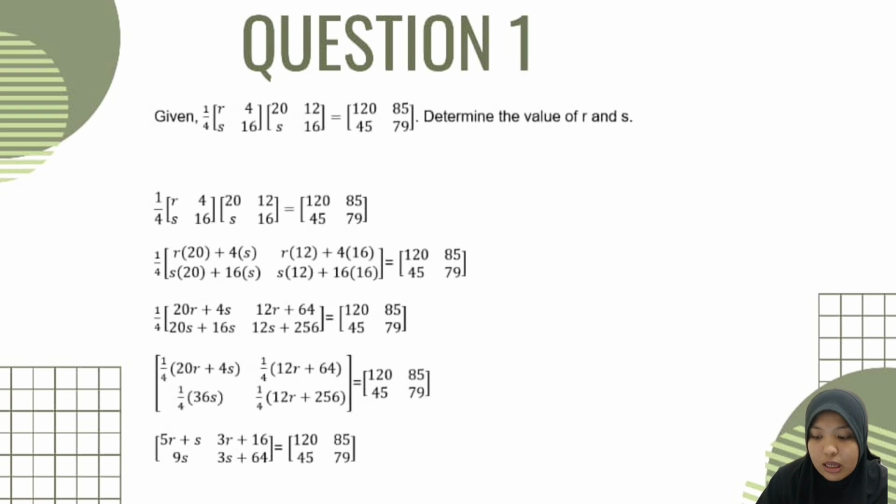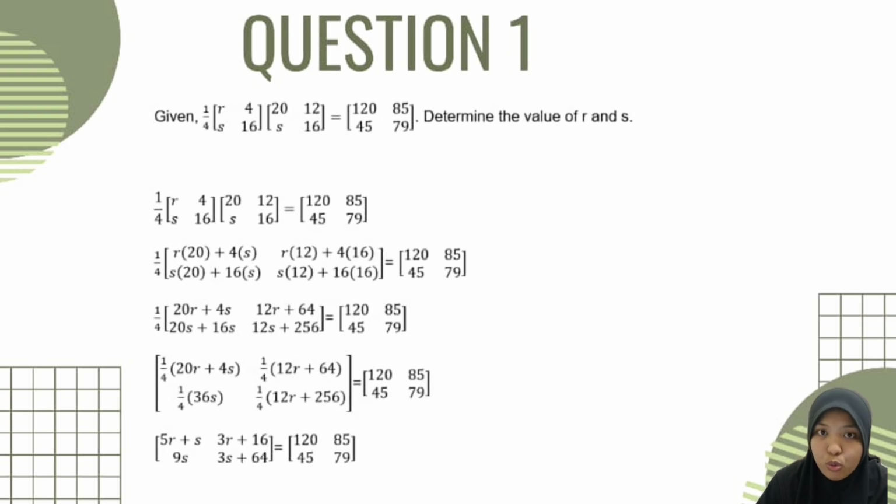So you can see under the question, I write 1/4 matrix: R multiply 20 plus 4 multiply S, and R multiply 12 plus 4 multiply 16.